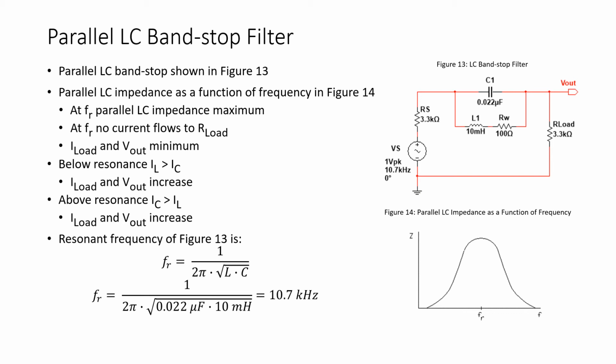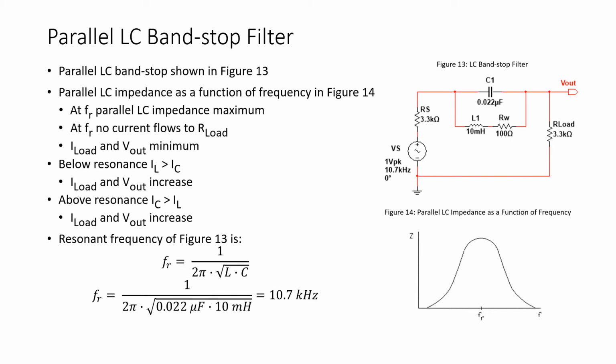Again, at resonance, IC and IL are equal in magnitude and opposite in direction. So at resonance, no current flows through the parallel LC combination to the load. Therefore, at resonance, the output voltage will be at its minimum because the current that flows through the load resistor will be at its minimum also.